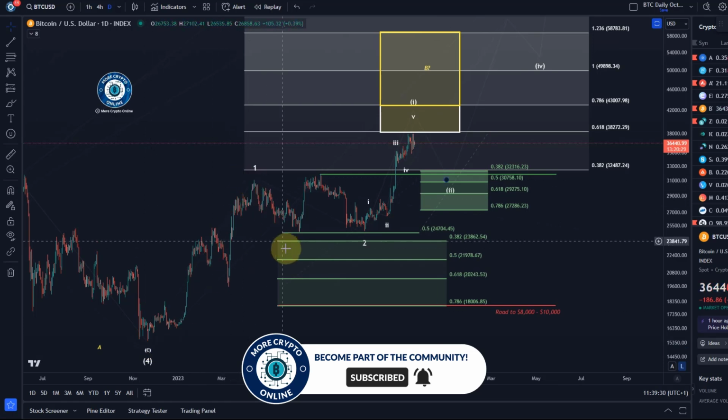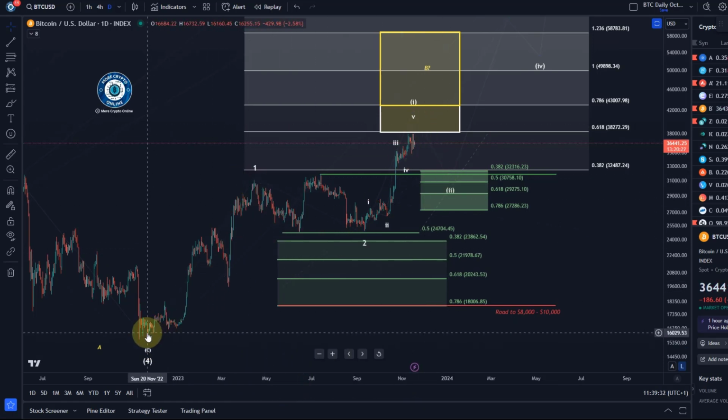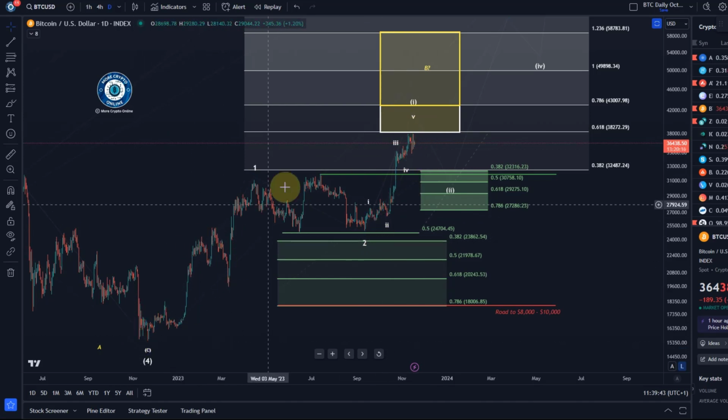It also fits better looking at the proportions here. One main reason why we're counting this as a larger one and this as the larger two is because of the Fibonacci extensions of the movement. If I had two smaller ones, then this would be too long. Fibonacci basically tells us what is the most probable count.